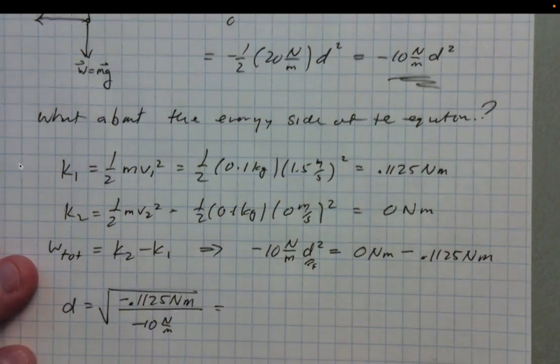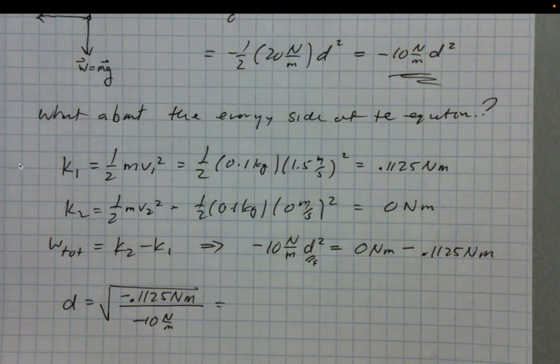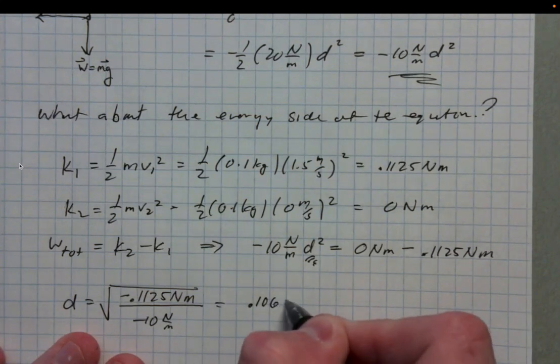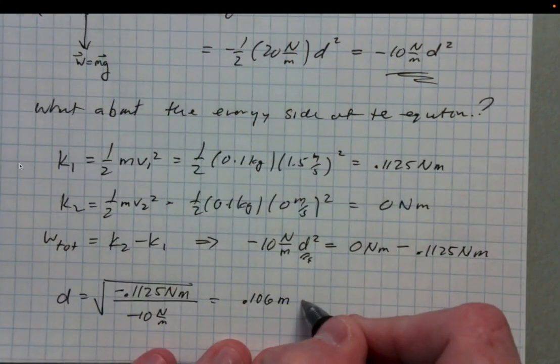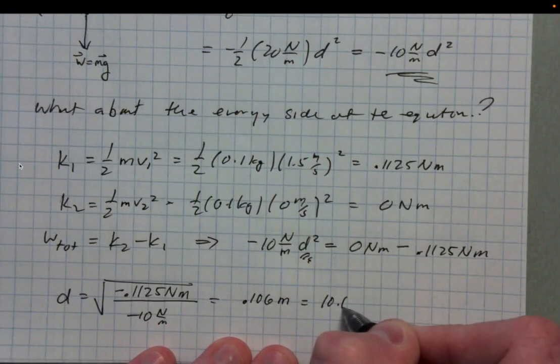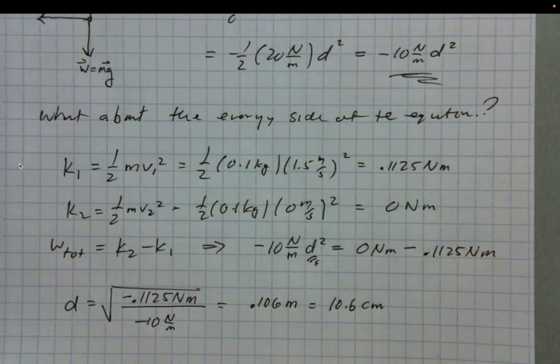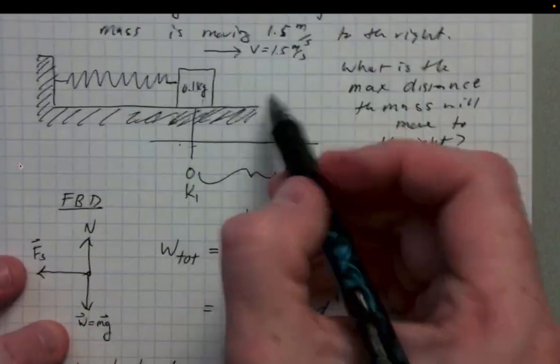Okay, and when you do that division, you get 0.106 meters or 10.6 centimeters. So the distance that the mass will traverse before all of the kinetic energy is drained to 0 is about 10.6 centimeters.